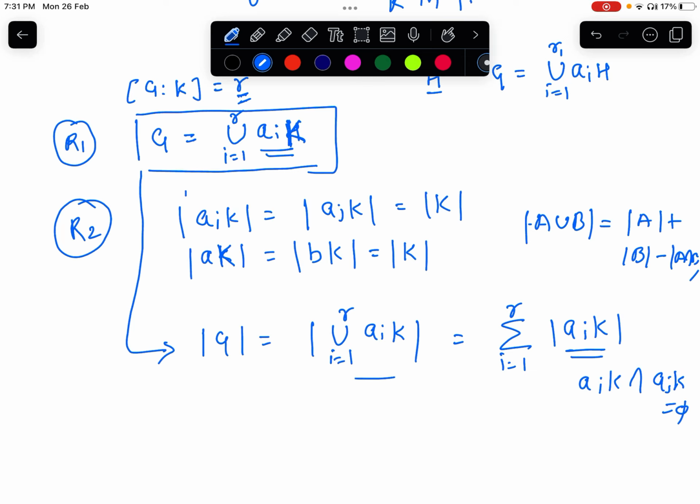That is why we can write the cardinality as a plus, and this minus term will be 0.